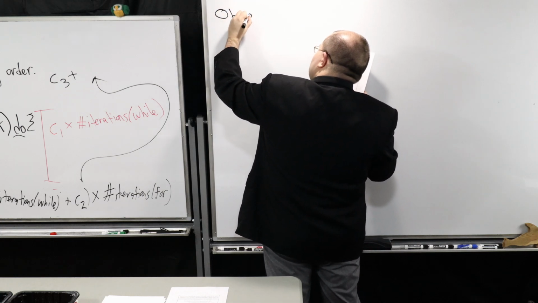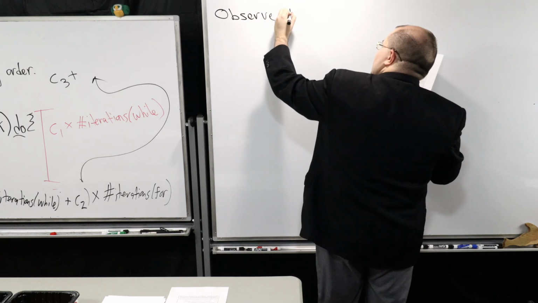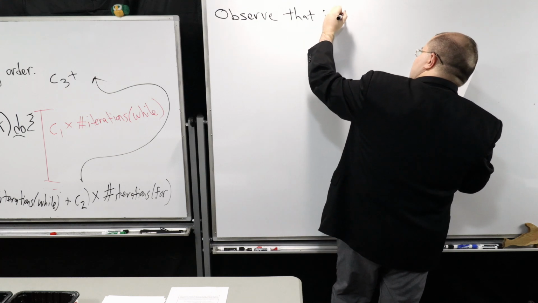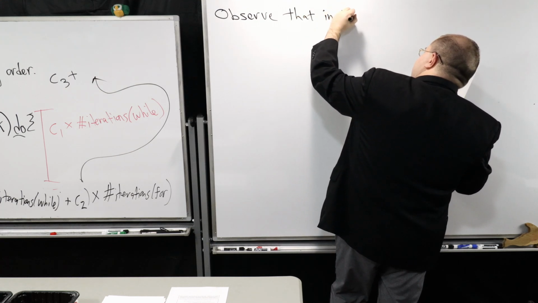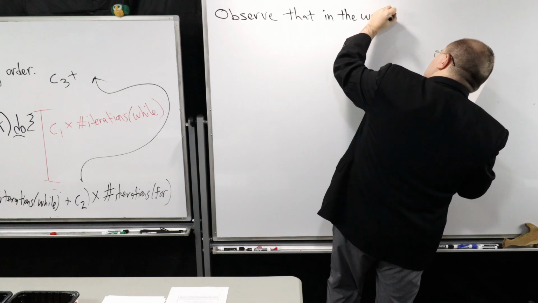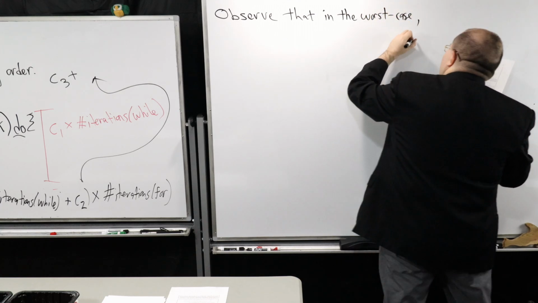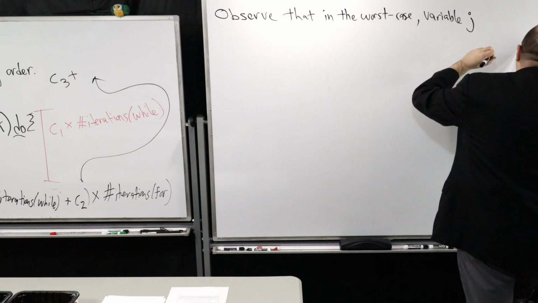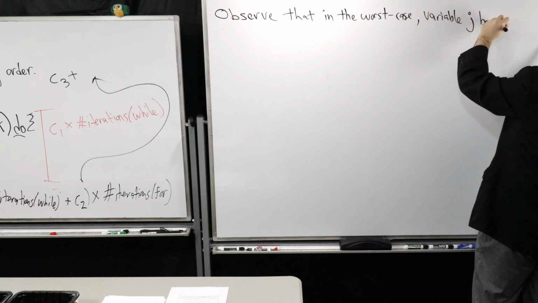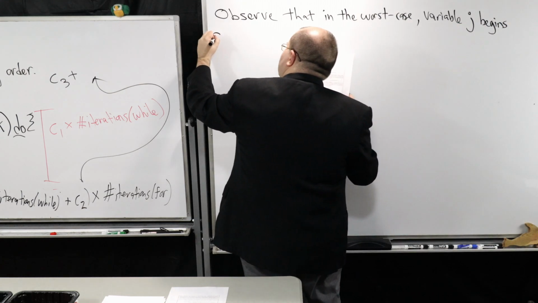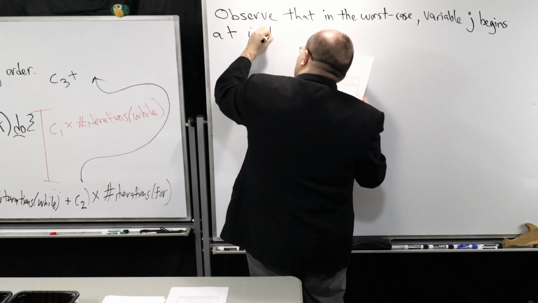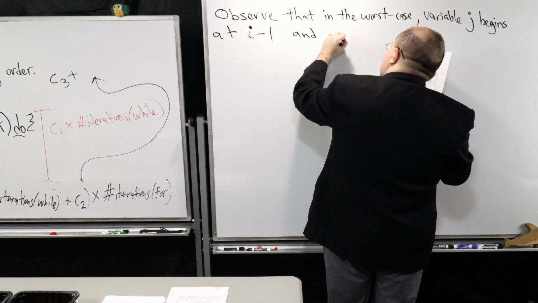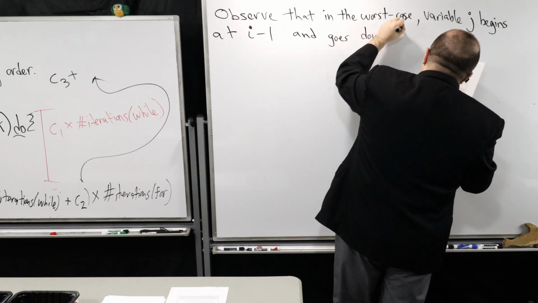Observe that in the worst case, so this is because we're doing worst case analysis, observe that in the worst case, variable j begins at i minus 1 and goes down to 0.